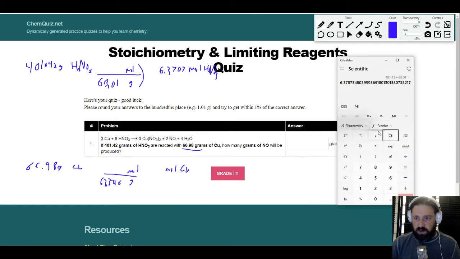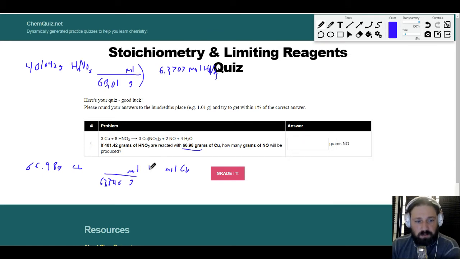We do the calculation, and we get 1.05 moles of copper.